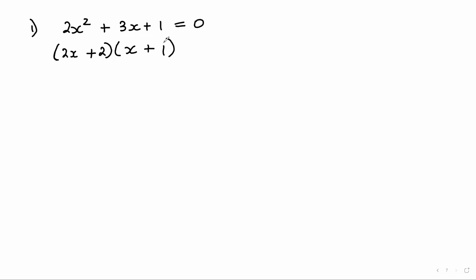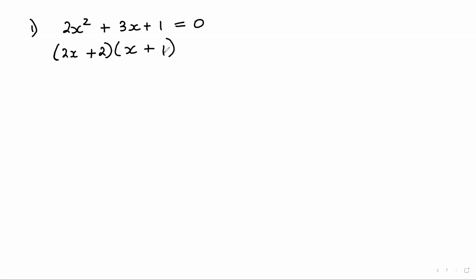So let's say we had 2x squared plus 3x plus 1 is equal to 0, and I want to solve this quadratic. I'm going to factorize the left-hand side and make it equal to 0. So factorizing this, it'll be 2x by x, and here I will have 1 and 1.